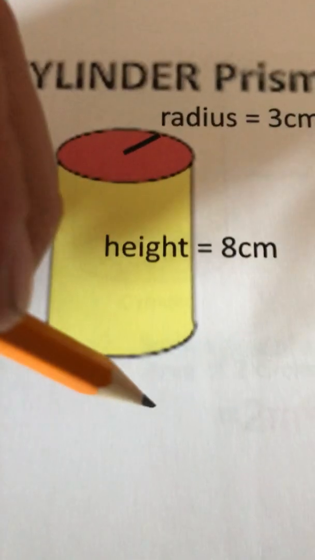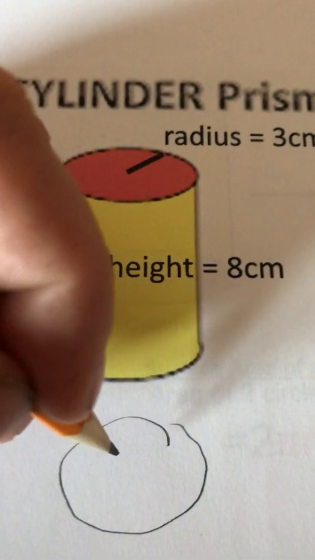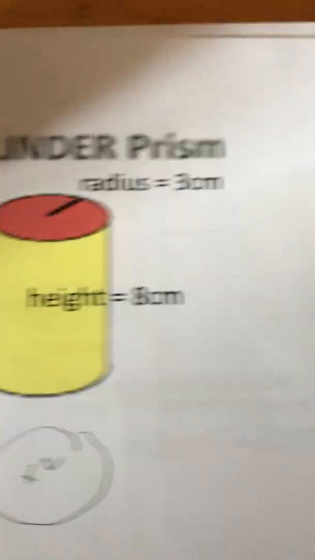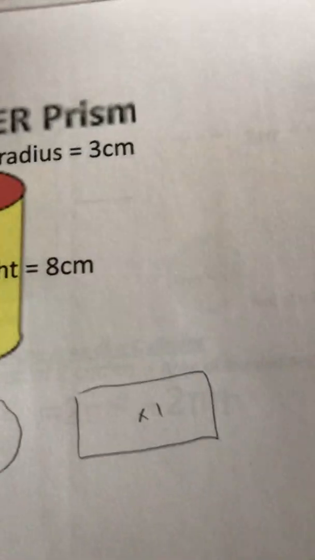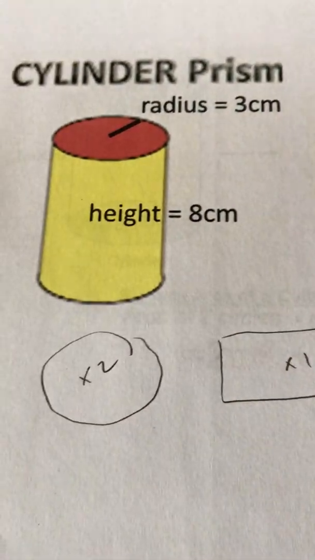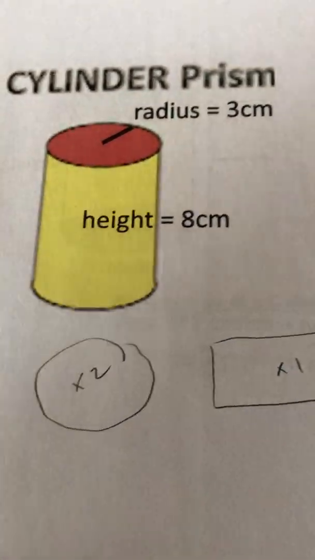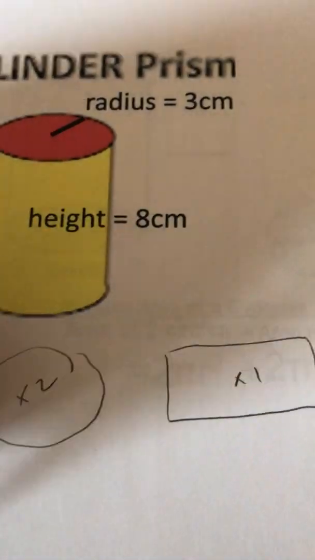Okay, on to that question. Well, we have 2 circles. And we have a rectangle, just one of them. Once it's rolled out, it's a rectangle. And we could look at our formula sheet and find the formula for a circle. Surface area.